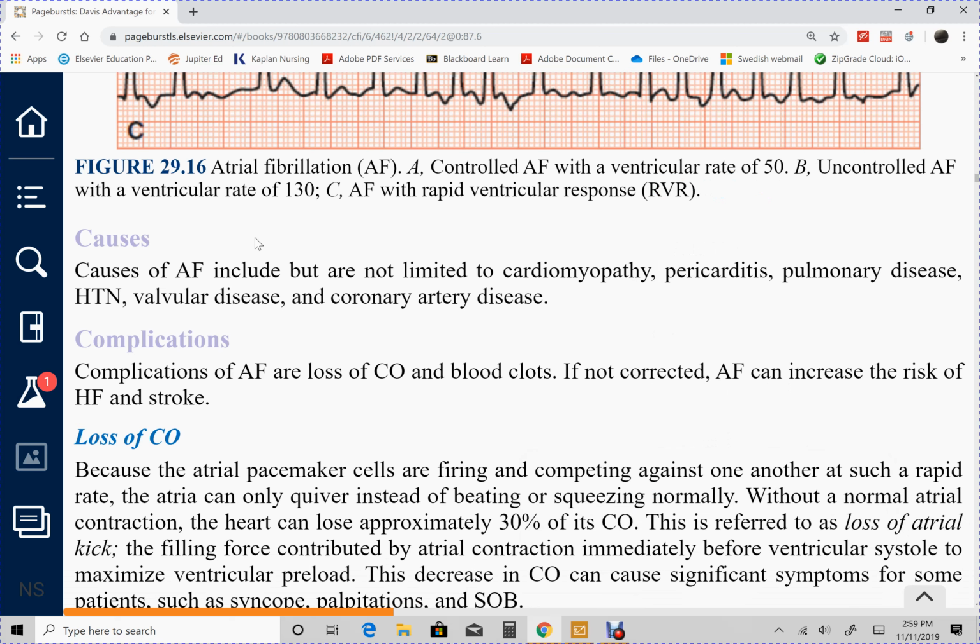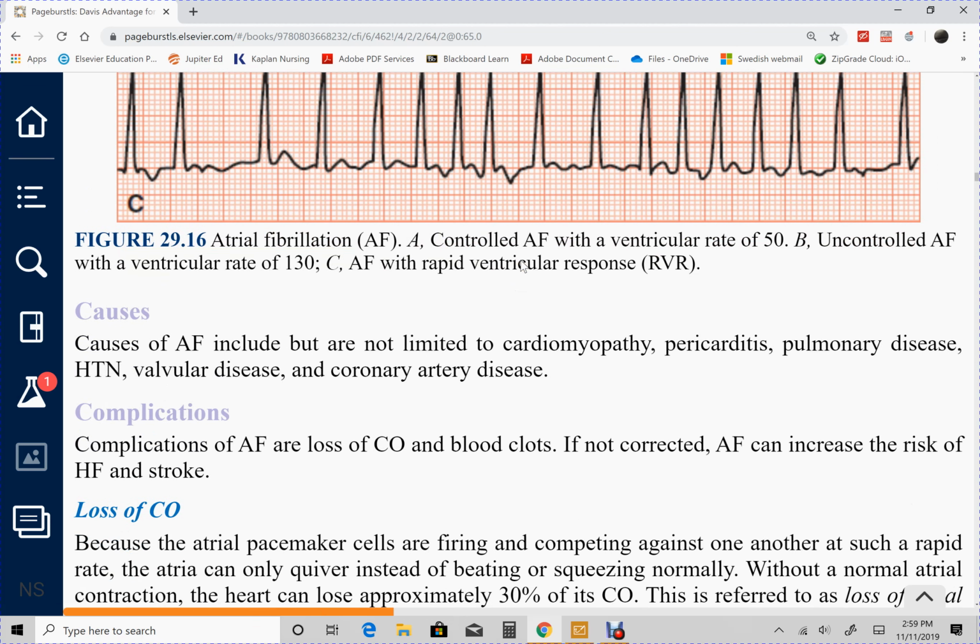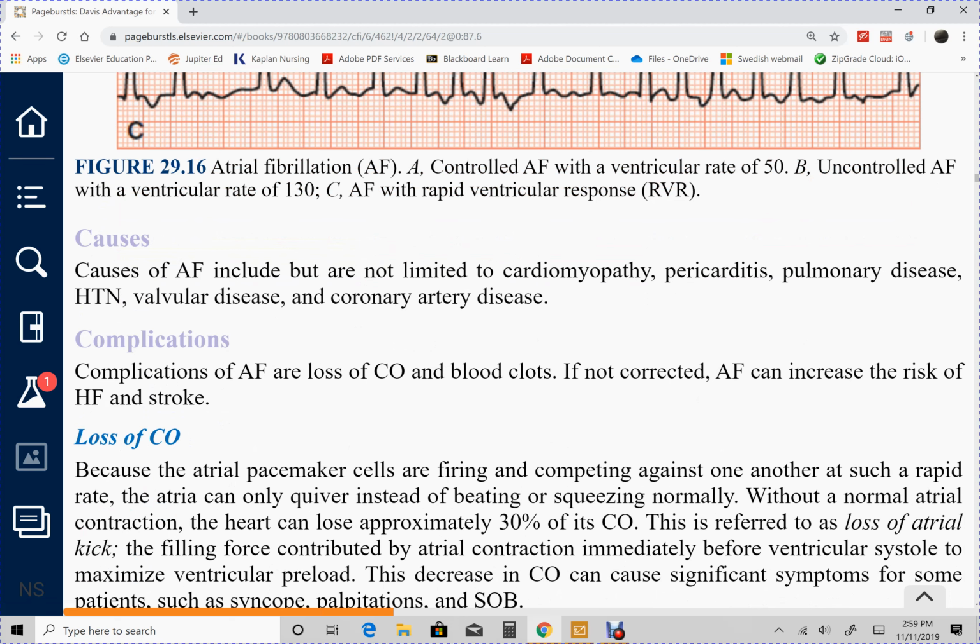So again, most causes of AFib are any condition that leads to a congestion of blood in one or more chambers of the heart, thereby resulting in irritability of the atria, causing other sources of electrical impulses to fire other than the SA node.